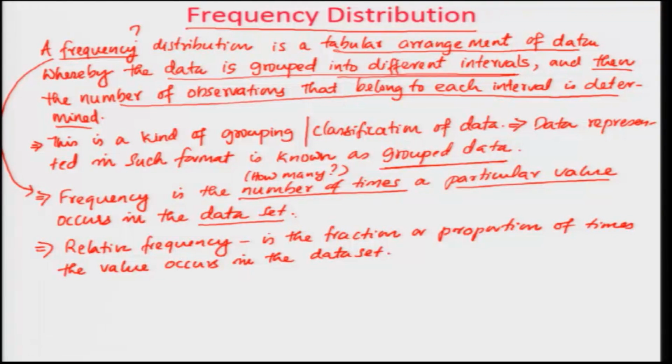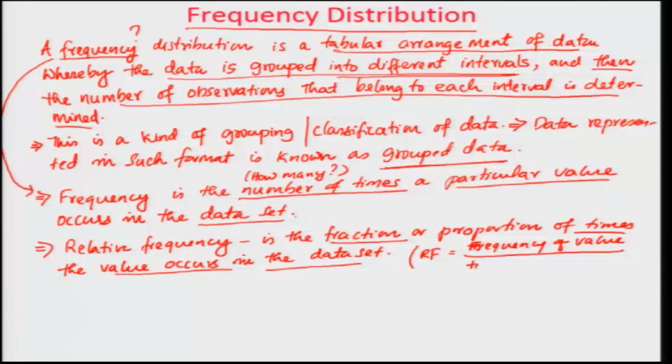Mathematically, relative frequency is given by the frequency of the value divided by the total number of observations in the data set.